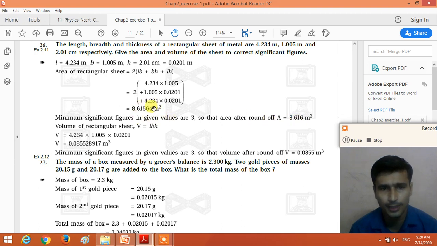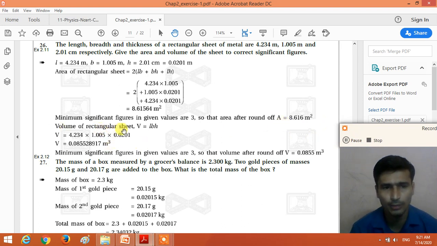If we remove this 4, we leave the preceding digit as it is because 4 is less than 5. Now if we remove this 6, we add 1 to the preceding digit, so we get 8.616, and again we remove this 6, we get 8.62. So the area of the rectangular sheet up to the correct significant digit is 8.62, right?